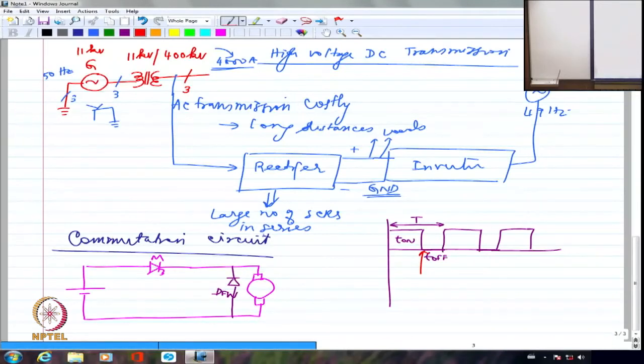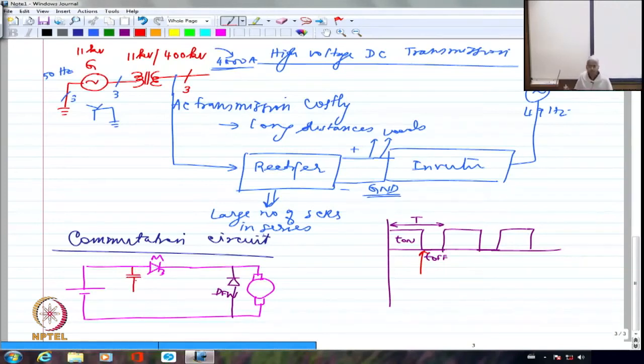If it's a FET or whatever it is, the moment I remove the drive, it will go off. But in this case, it is not going to go off. We said that once those two transistors are driven into conduction, they will not come back. That's the problem. So for that, we have to have some auxiliary circuits which are known as commutation circuits.